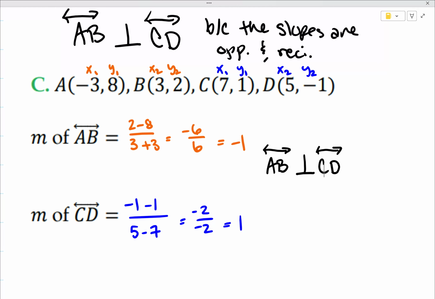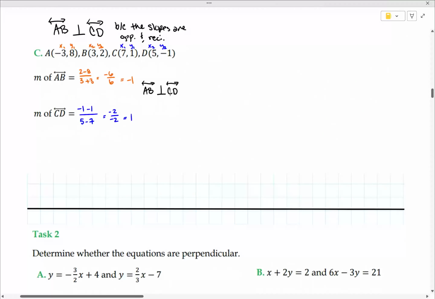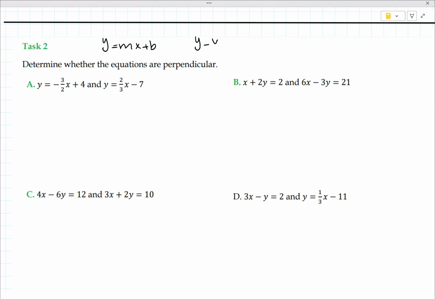All right, finding slope. We're going to go on to task 2, where we're going to step it up a little bit. We're going to give you some equations, and we're going to determine if the lines are perpendicular. So remember, our two formats are y equals mx plus b, or y minus y1 equals m times x minus x1.